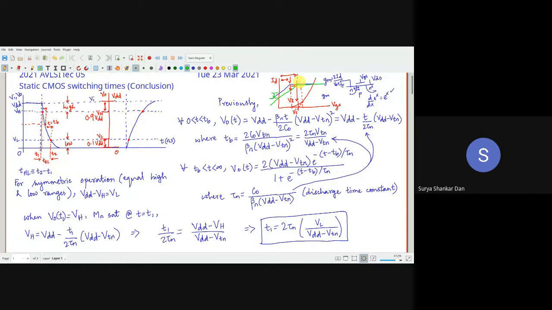Does it increase or decrease? Increases, sir. VT increases with threshold voltage. Think. Sir, decreases. Inverse relation, sir. It decreases. Okay.